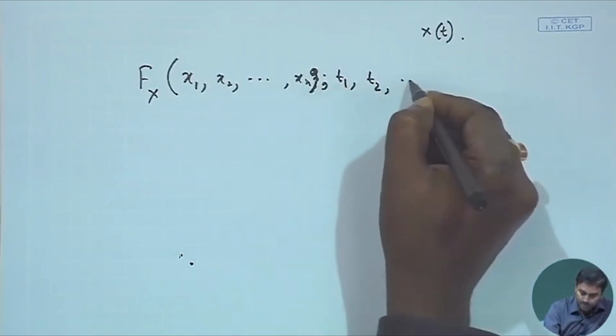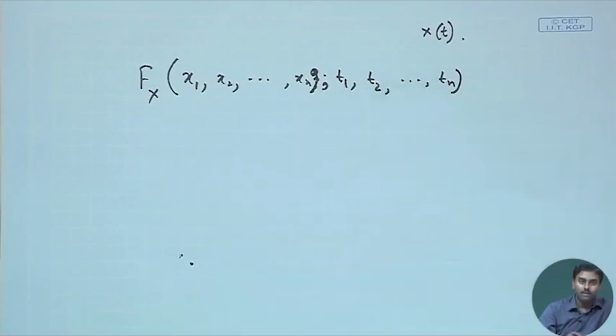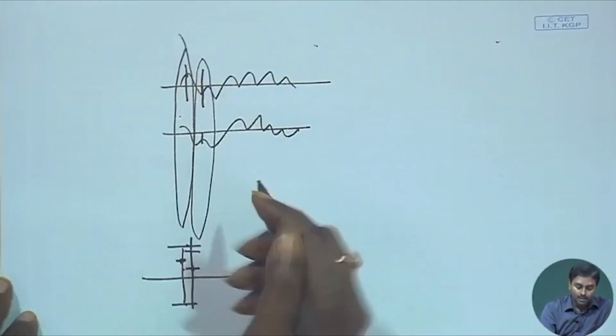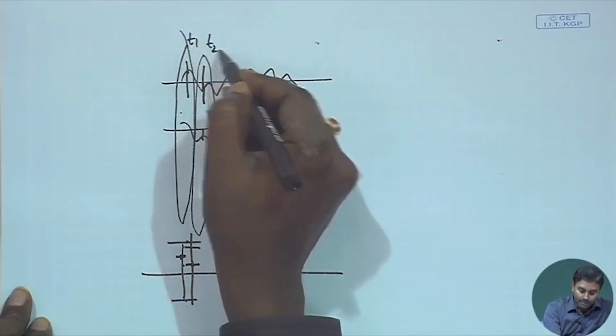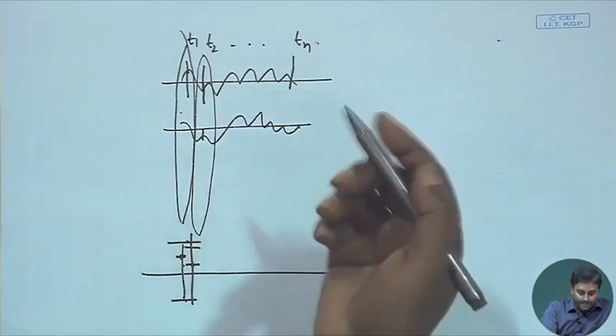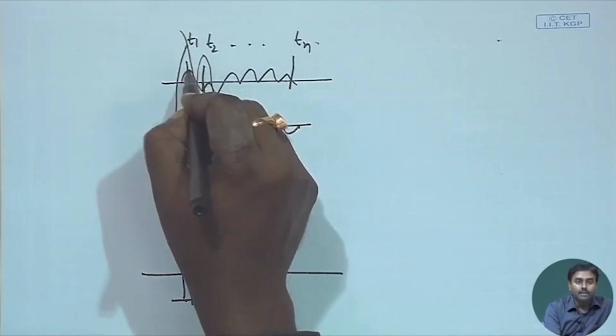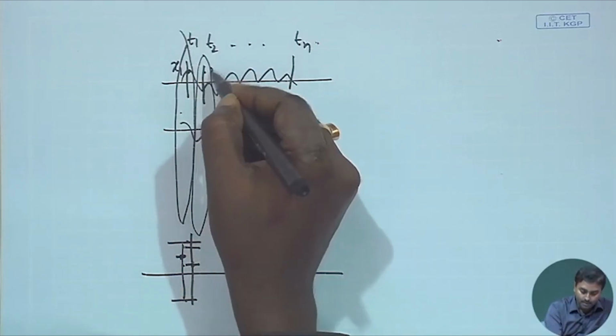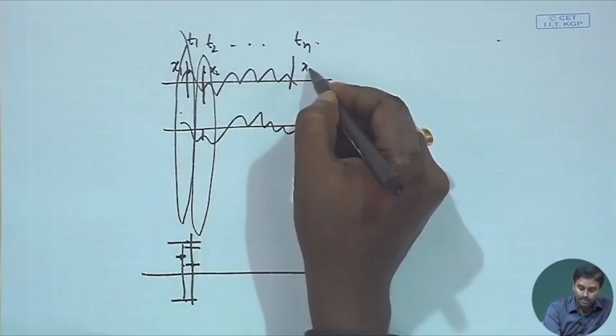I will explain what these are. It is actually the samples we were having: we define times t1, t2 and so on up to tn. At every instance the associated random variable is here x1, here it is x2 and so on up to xn.